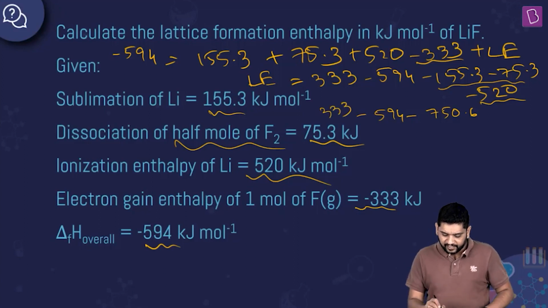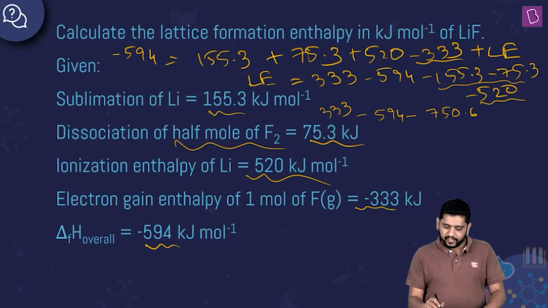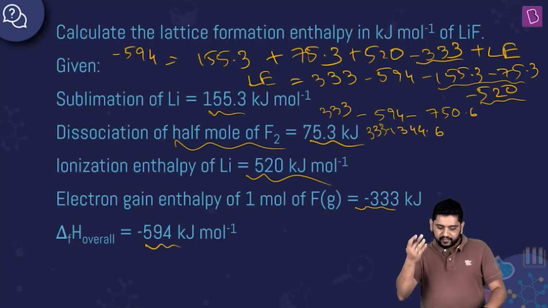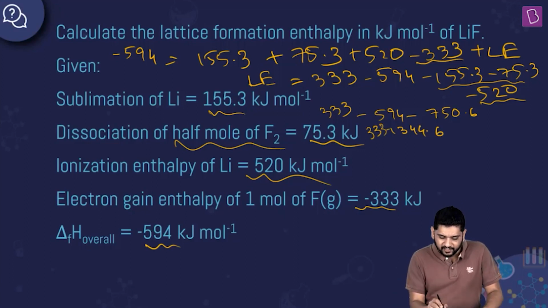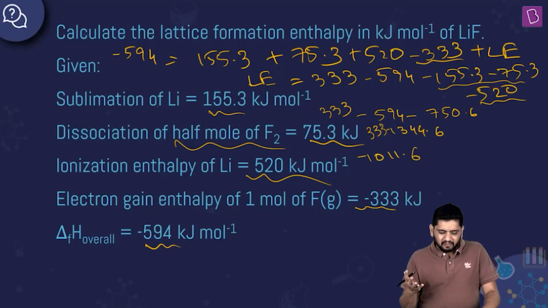So 594 plus 750.6: 600 plus 750 would have been 1350, short of that, so 1344.6. Then 333 minus this, that is minus 1344.6 plus 333. What will I get? 1011.6. So minus 1011.6 is what I'm getting as a value.